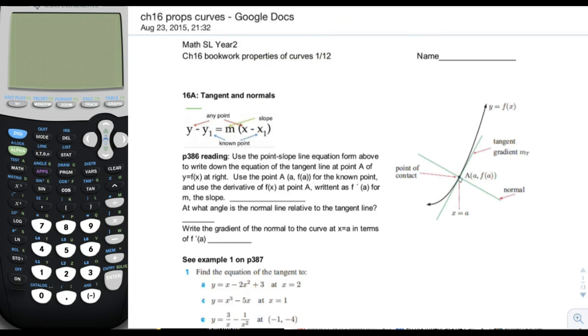But you can draw a tangent, which is a line which goes along the function and touches the function at one and only one point. And if you draw that tangent, then you could take the gradient of that tangent.